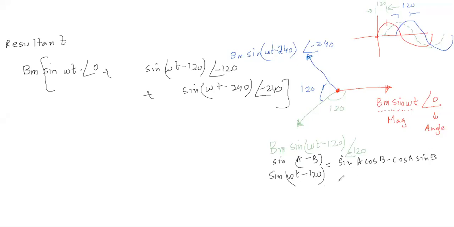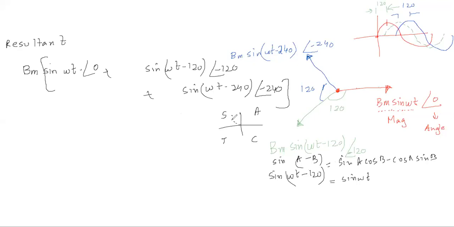Sine omega t minus 120 would be sine omega t cos 120. First quadrant all positive, second quadrant sine positive, third quadrant tan positive, fourth quadrant cos positive. So sine A cos B will be cos of 120.